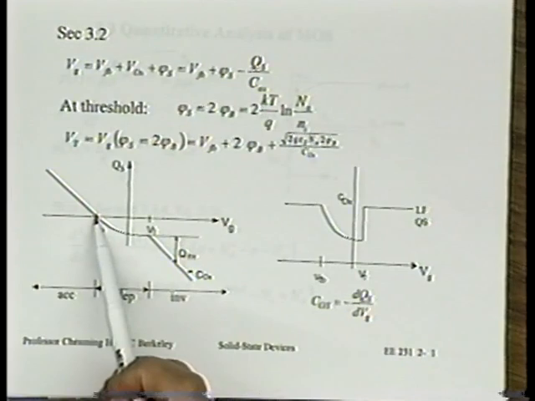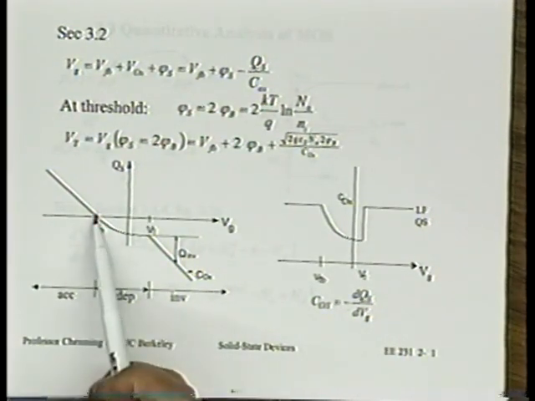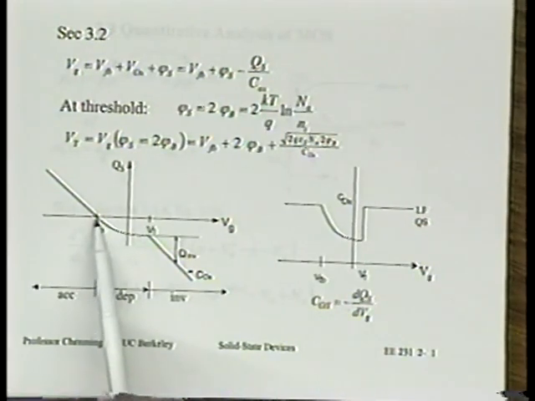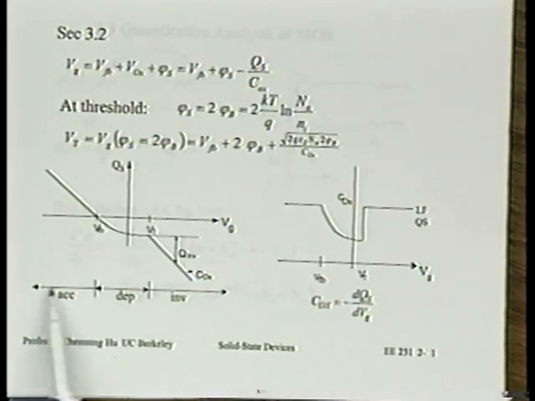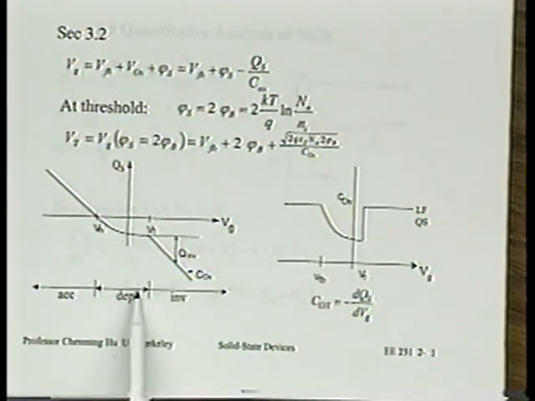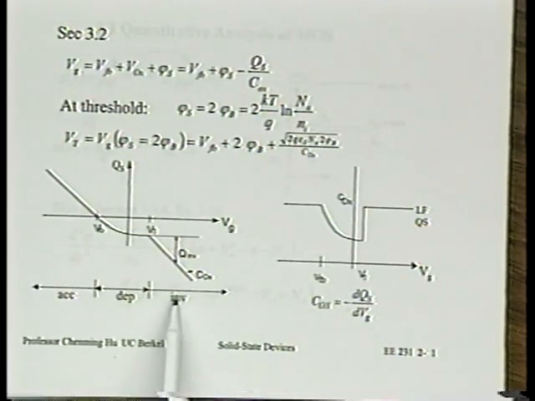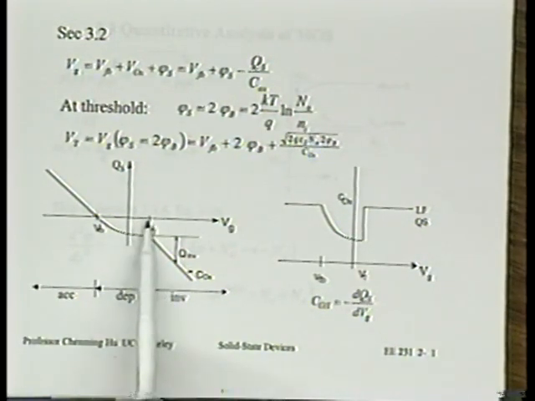The starting point is the flat band voltage. If the bias deviates from the flat band voltage, we are either in accumulation or in depletion. And then what separates the depletion and the inversion regions is a point called the threshold voltage, Vt.